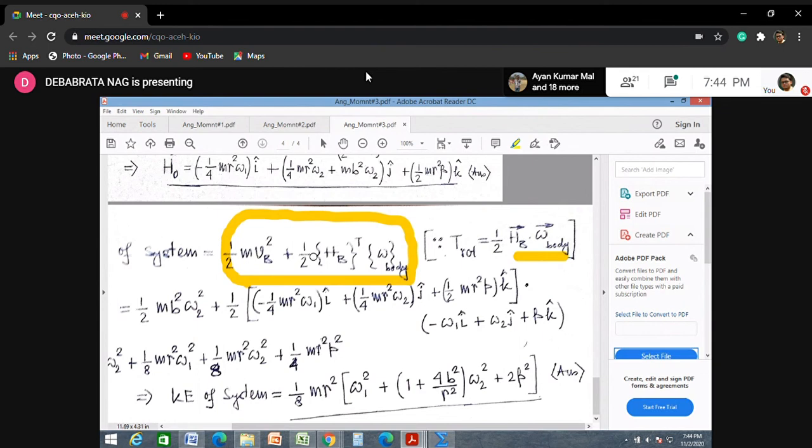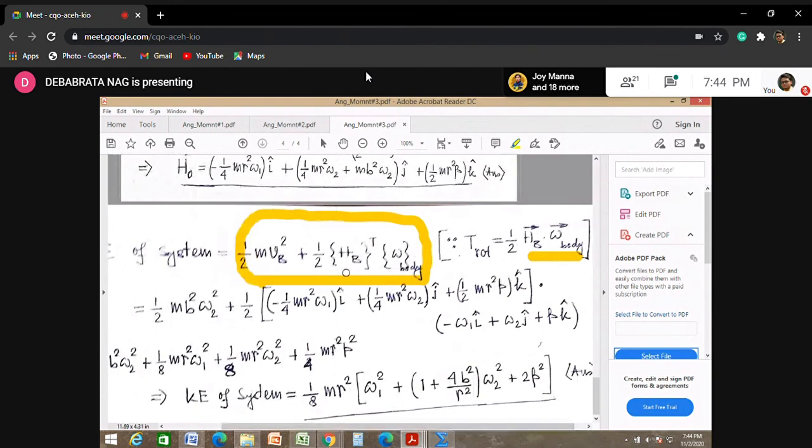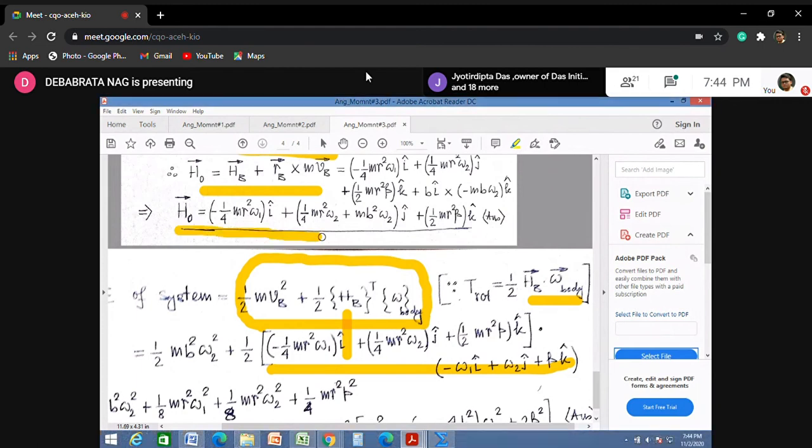You can write it this way or that way, because this is the matrix representation of the vector dot product, or simply the scalar product of the two vectors. So what I do is take the angular momentum with respect to the center of mass. Please note, it is not with respect to this point.